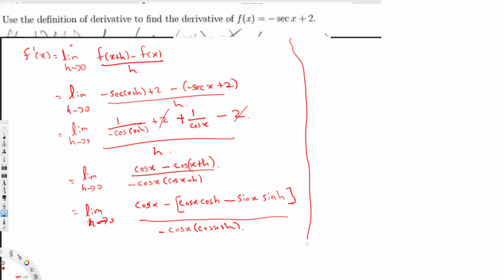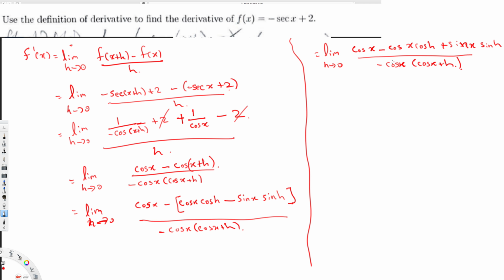Now I continue this side, so it's going to become limit h approaches 0 of cos x minus cos x cos h, minus, it's going to become plus, since I am taking out of the bracket, plus sin x sin h, over minus cos x, cos of x plus h.